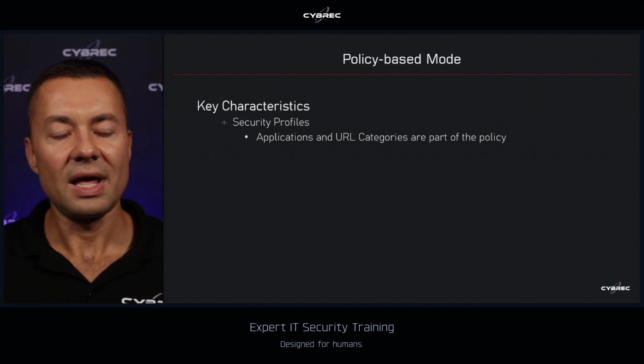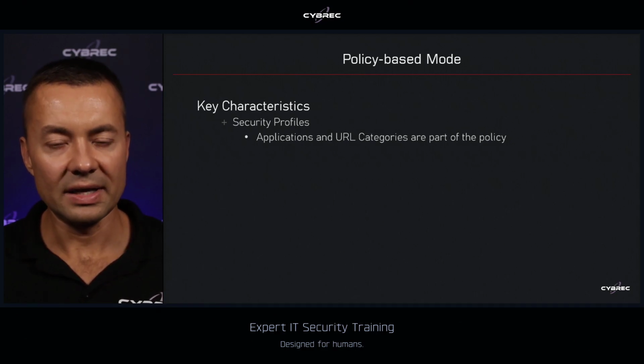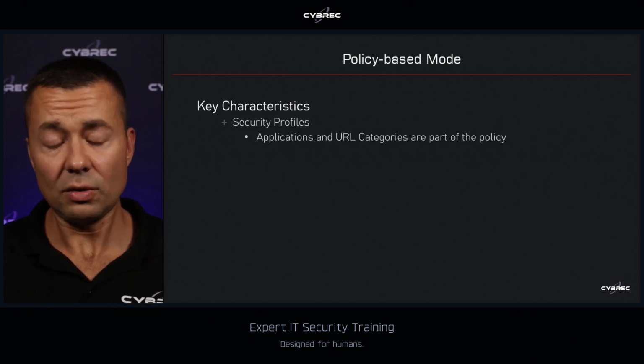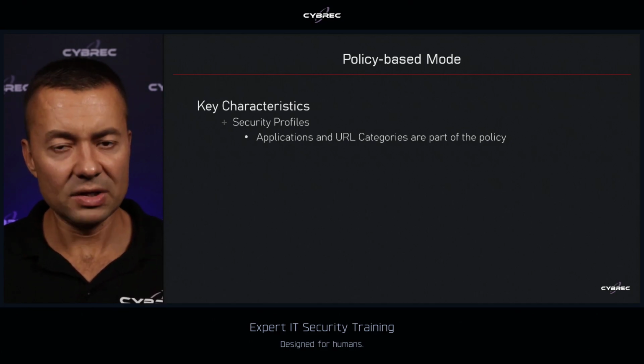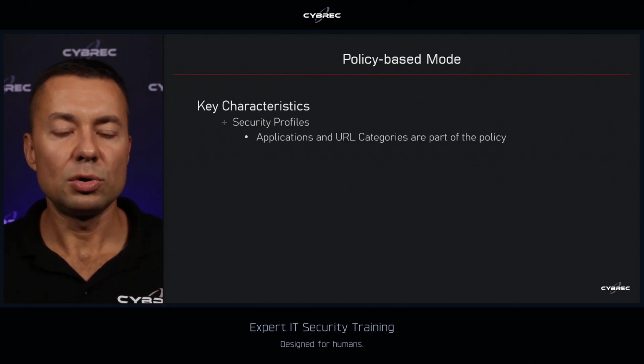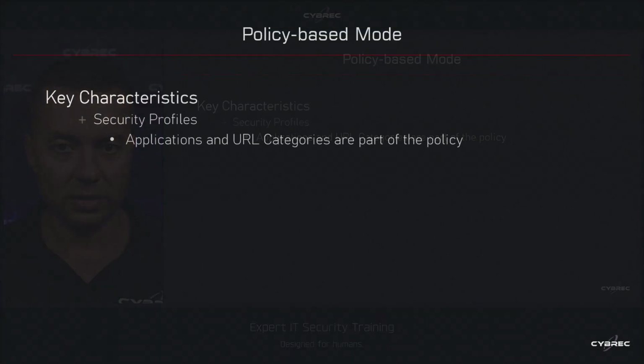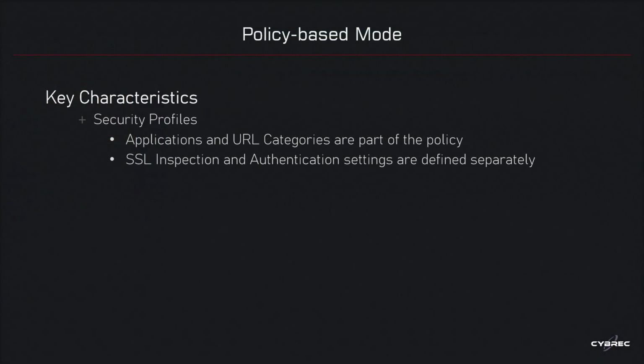Plus, you can also select URL categories, like if you want to do web filtering. This is also possible in the profile-based mode, but there you would first have to create a profile and attach it to the rule. Also, the SSL inspection settings and authentication settings are defined separately, and by separately I mean outside the firewall policy rule. This is the second change.